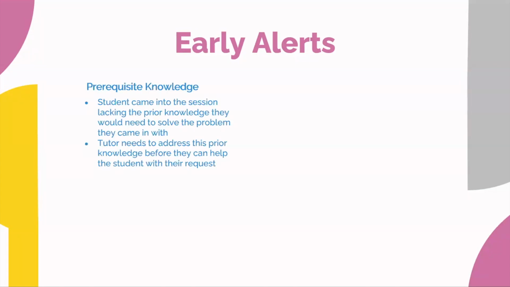Tutor.com and our tutors may flag individual students for 4 reasons. First, students may be flagged for not having the required prerequisite knowledge to complete the problem they came and asked for help with. They may also be flagged for content mastery. This means that throughout the session, they did not show mastery of the content they asked for help with.